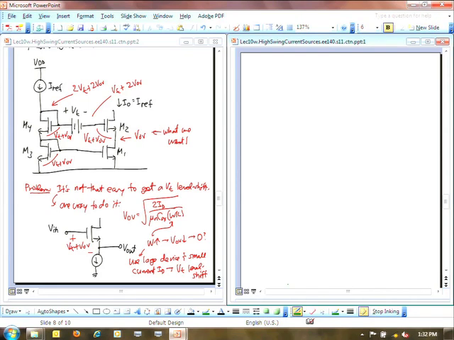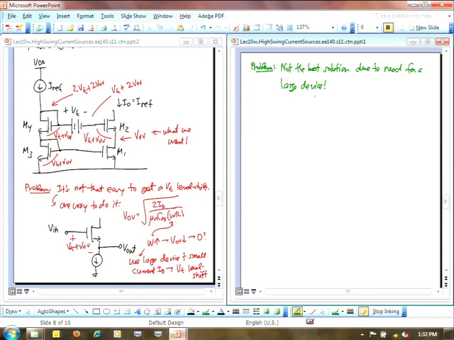Okay, so not the best solution, due to the need for a large device. Okay, always best to avoid large devices.